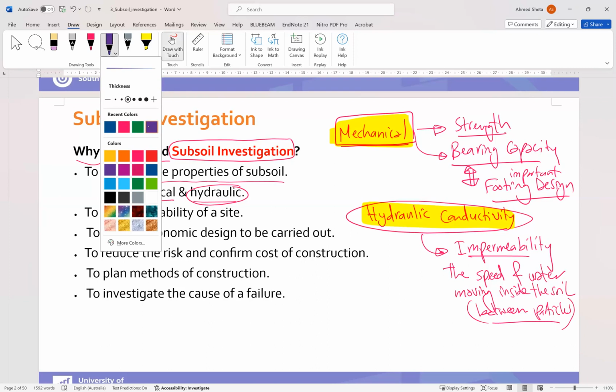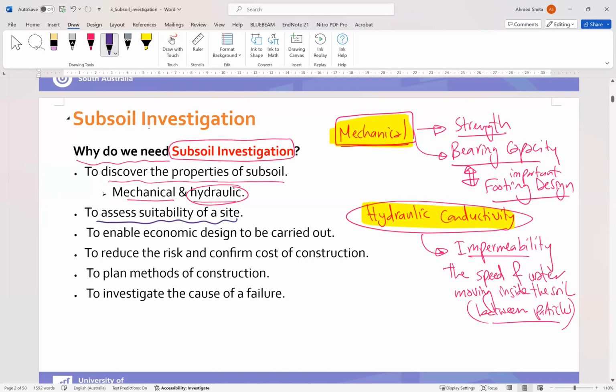Okay. Another thing is to assess the suitability of the site. So for example, if the soil is very weak, we might not be able to build a house or build our structure here.